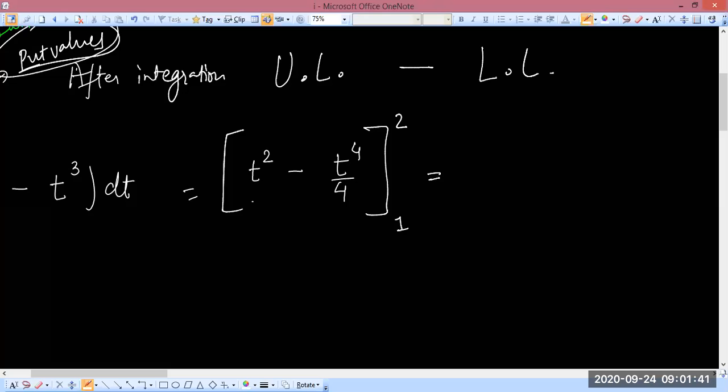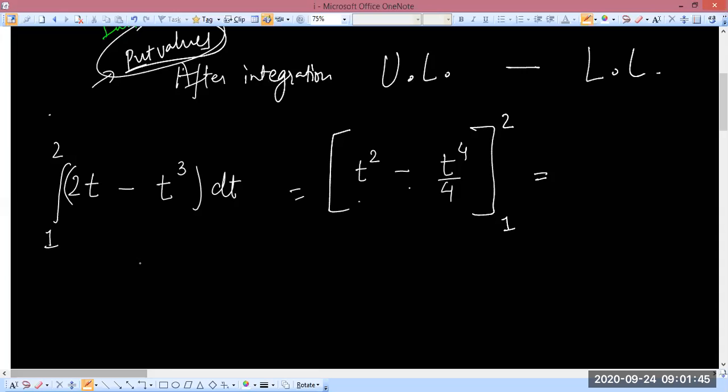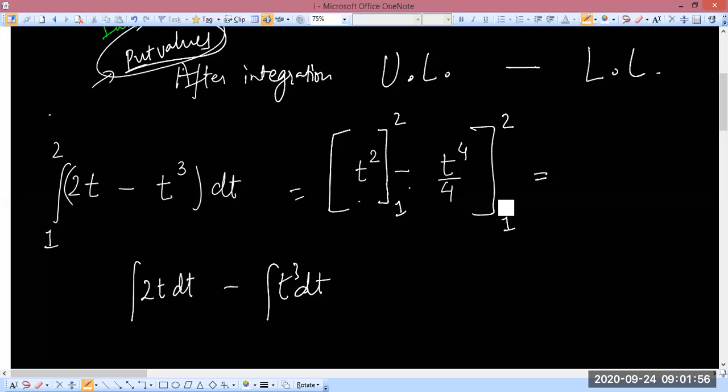Because this is addition subtraction, ultimately first you are going to do it like this. So you can do this separately also, it will be right. What I wrote earlier was correct, and this is also correct. Is this okay, everyone?